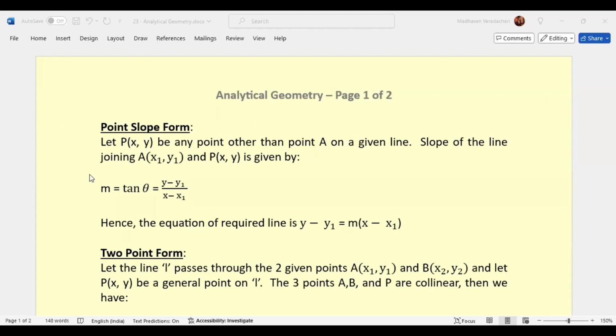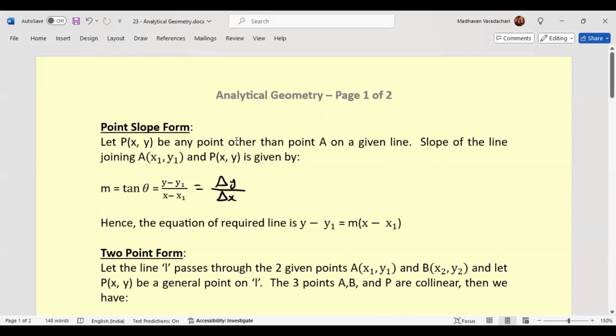Let P(x, y) be any point other than point A on a given line. The slope of the line joining A(x1, y1) and P(x, y) is given by m is tan theta, and this is basically change in y divided by change in x.